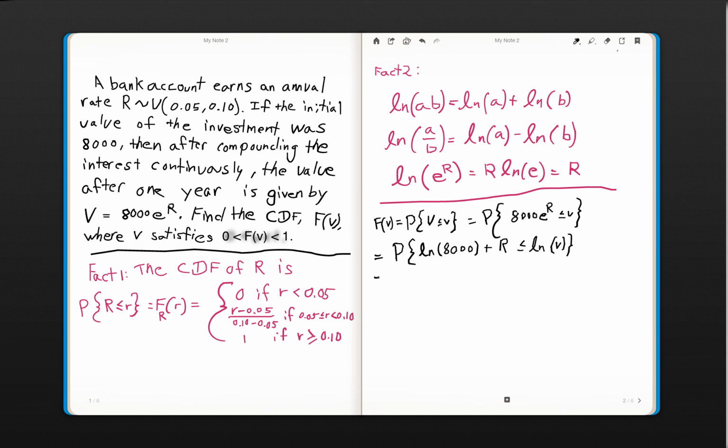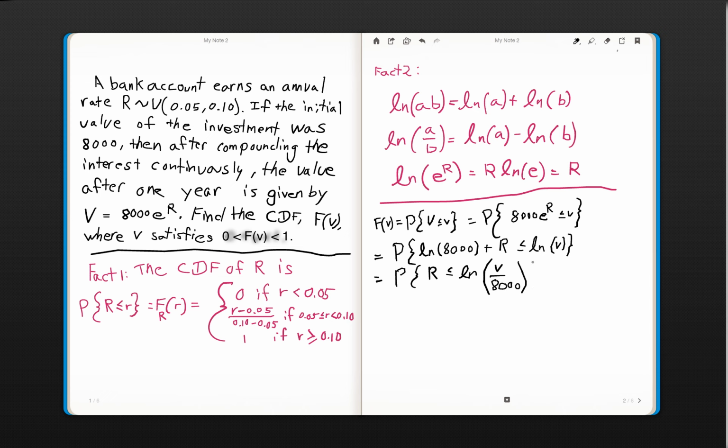This is then equal to the probability that R is less than or equal to the natural log of v minus the natural log of 8,000. I'm going to employ this identity and write that as the natural log of v divided by 8,000. Again, I don't want to bore you with the details of algebra.